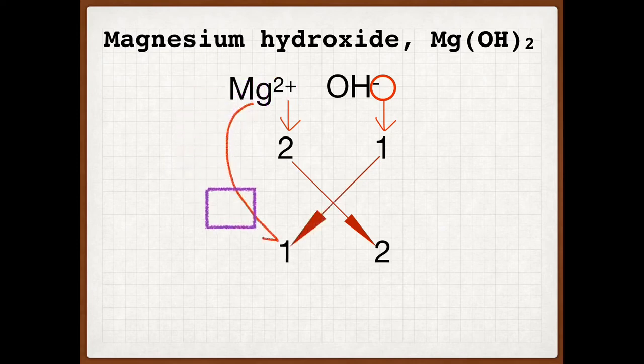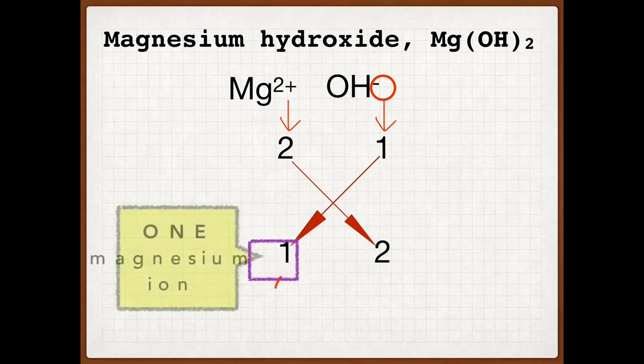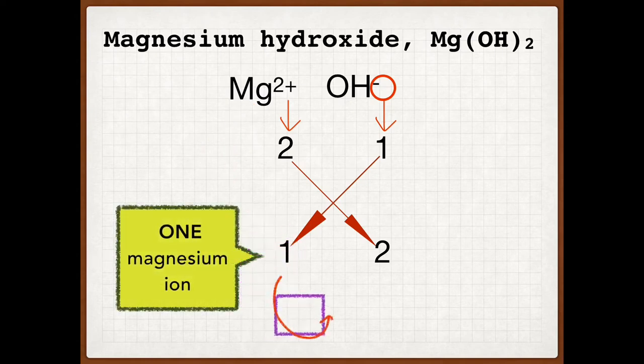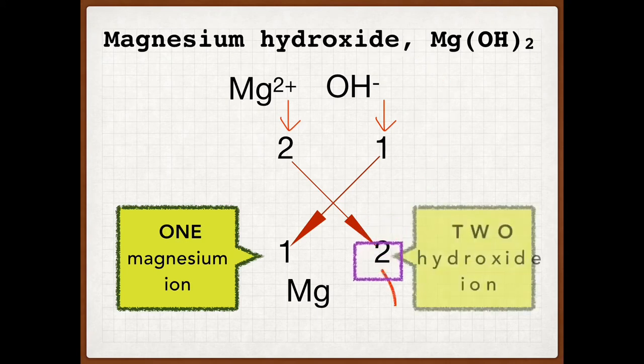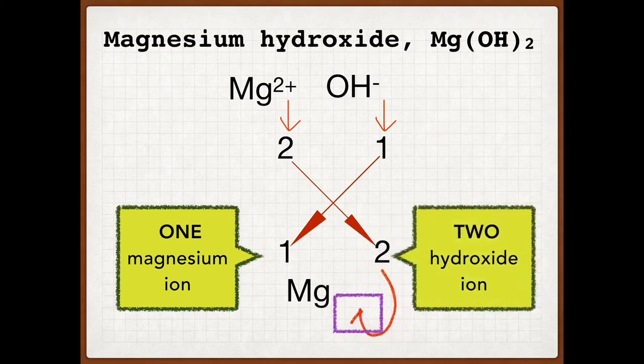It is 1 magnesium ion. How about hydroxide ion? So it is 2 hydroxide ion involved. Since it is more than one element, so you have to put a bracket to show 2 hydroxide ion involved.